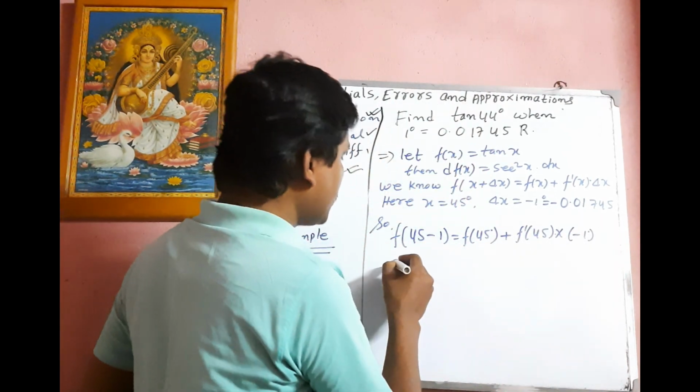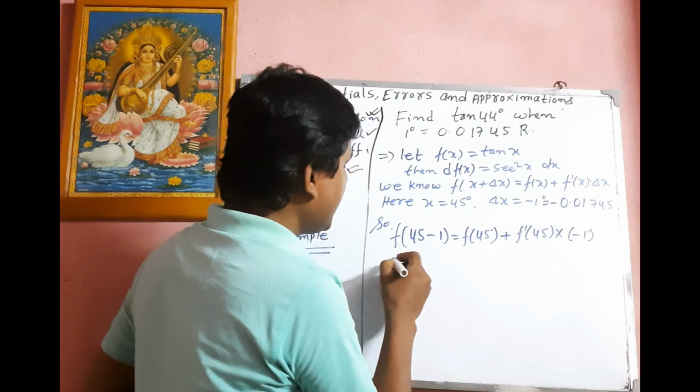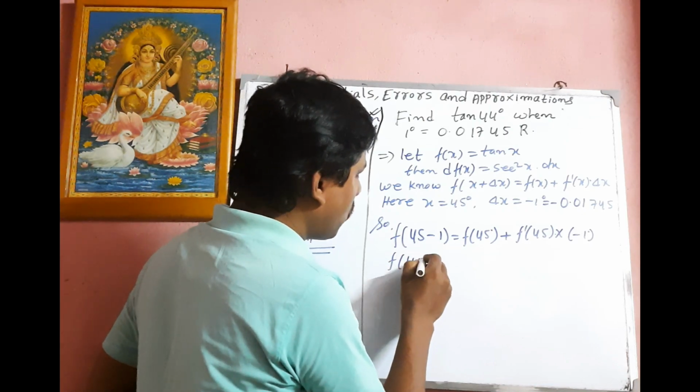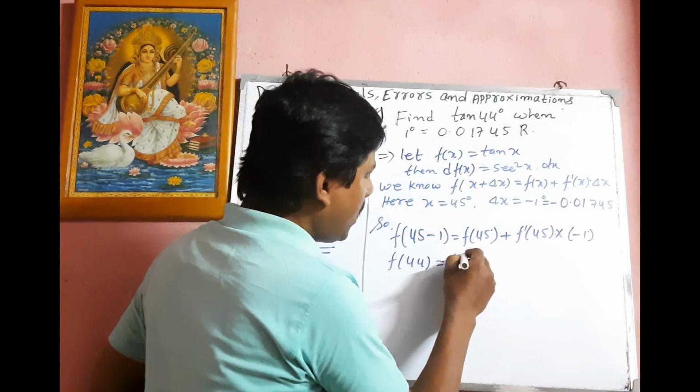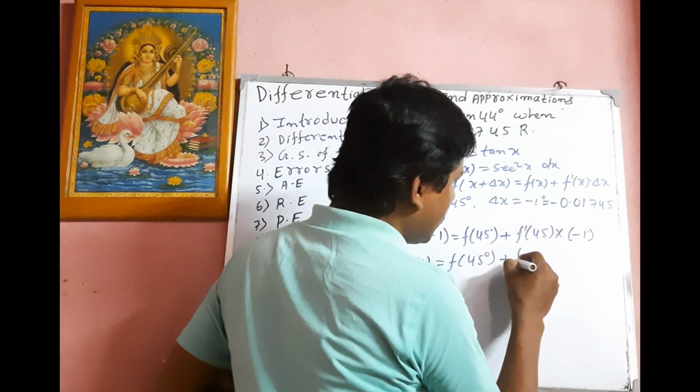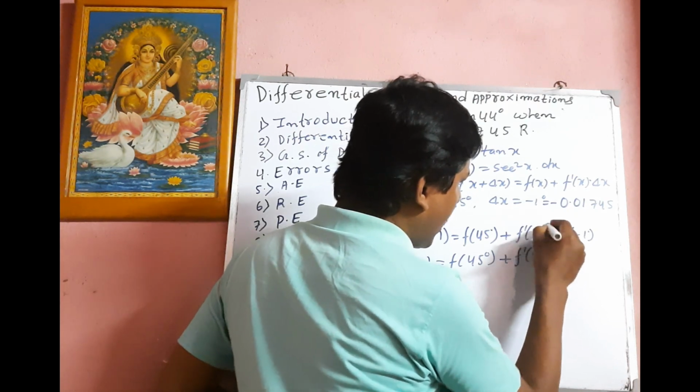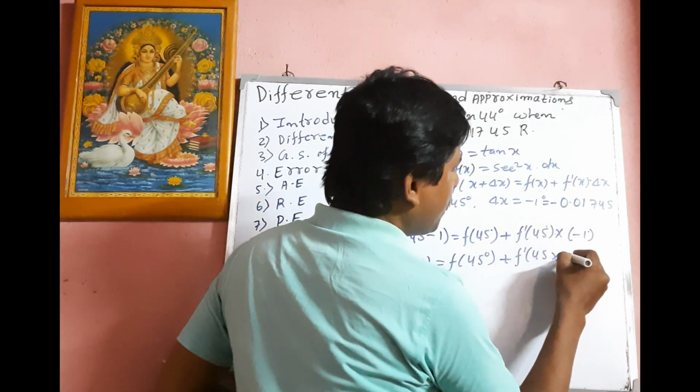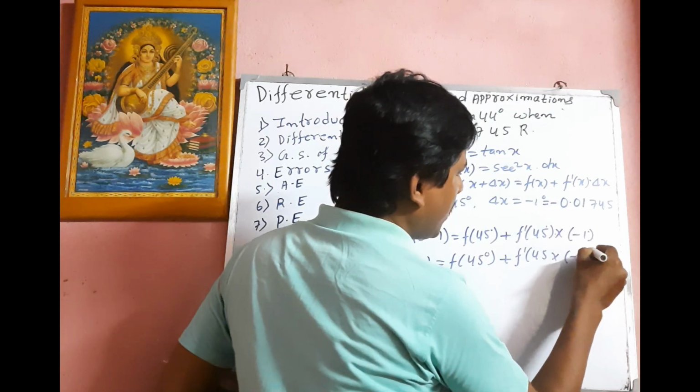Now further we put f of 44, f of 45 degree, and f dash of 45 degree multiplied with minus 1 degree.